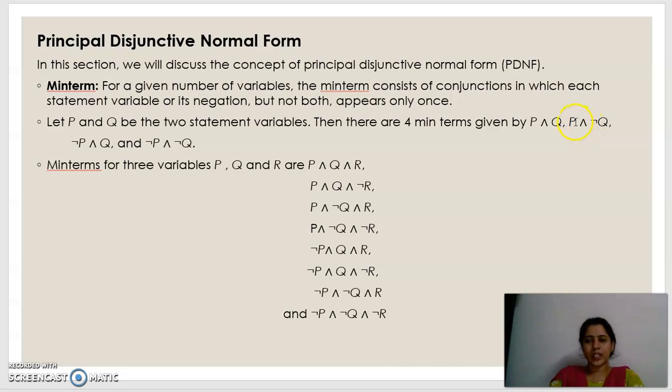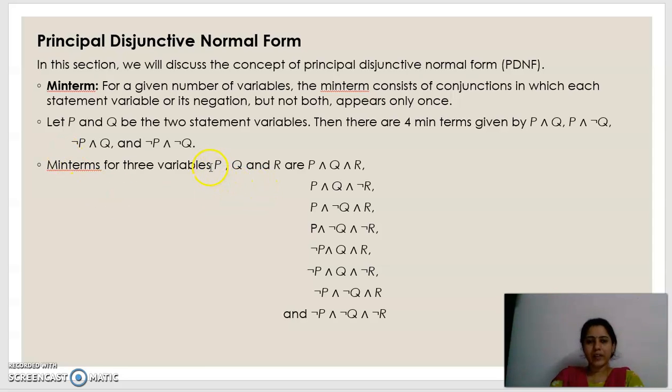The second possibility is P and not Q, where P is a normal variable and Q is negated. The third is not P and Q, where P is negated and Q is normal. And the last, fourth min term is both P and Q negated and connected by the conjunction. So these are the four possible min terms with two variables P and Q.